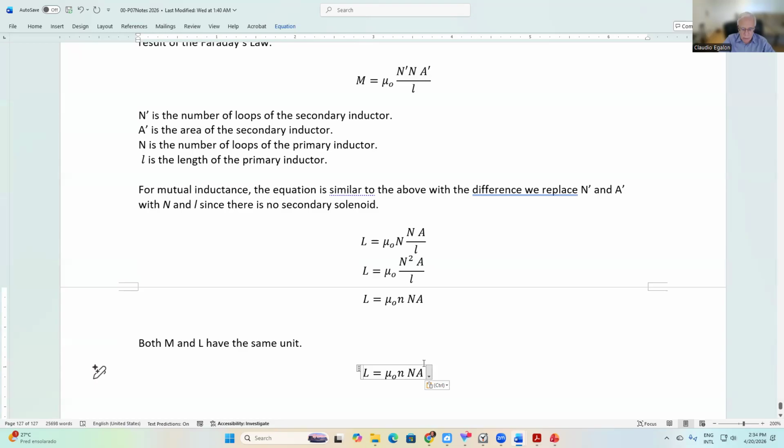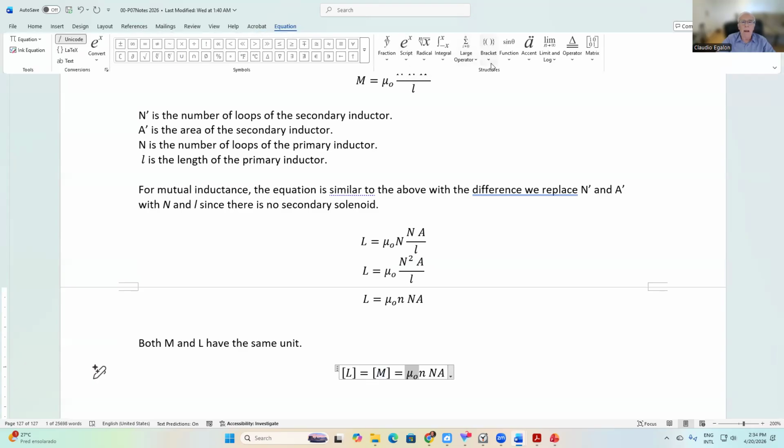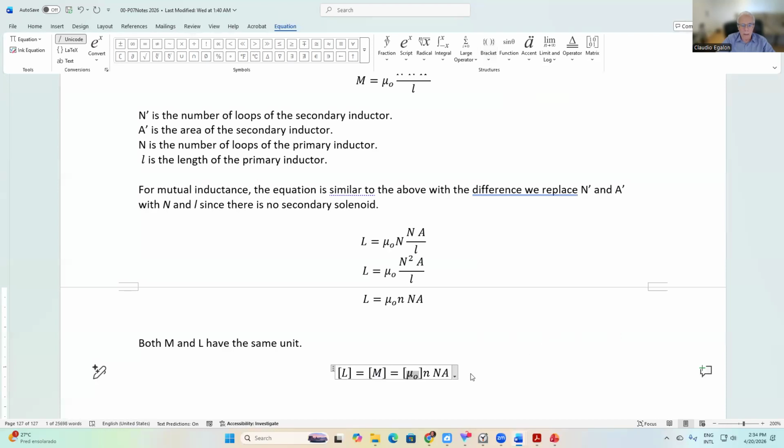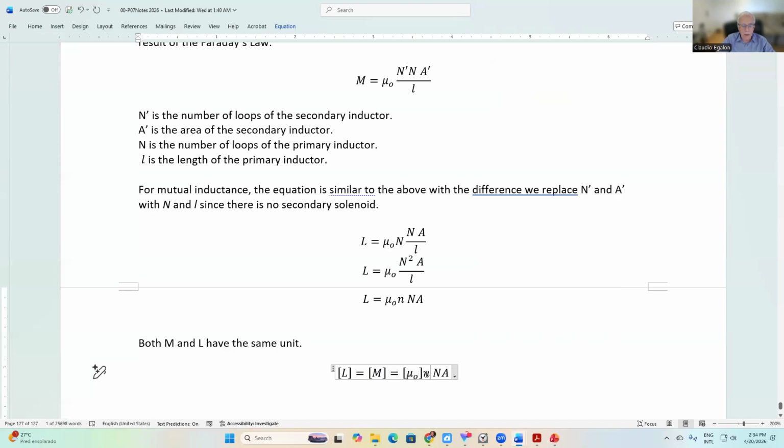Let's look at the units of L and M: the unit of mu naught, N, and l.